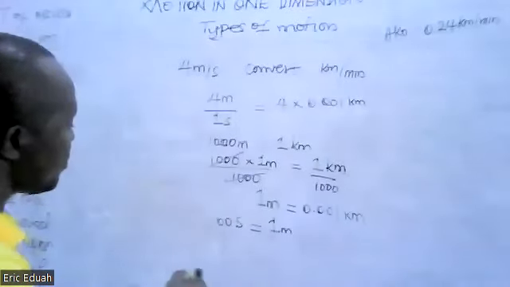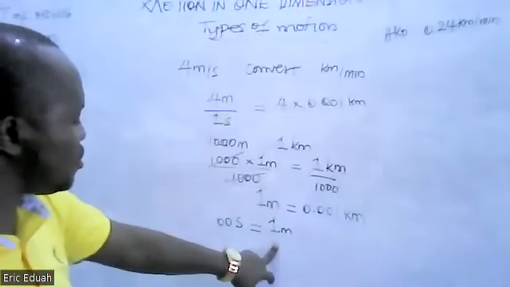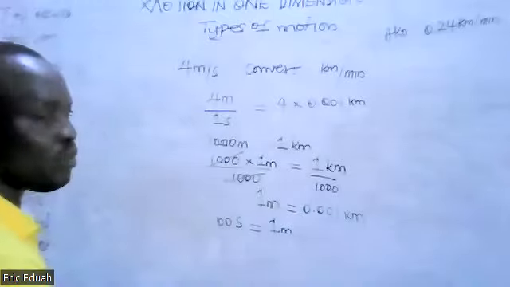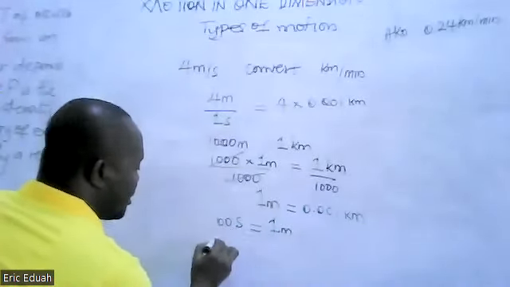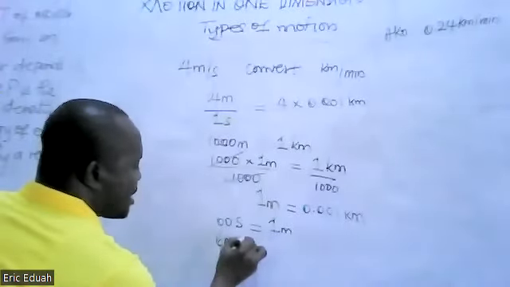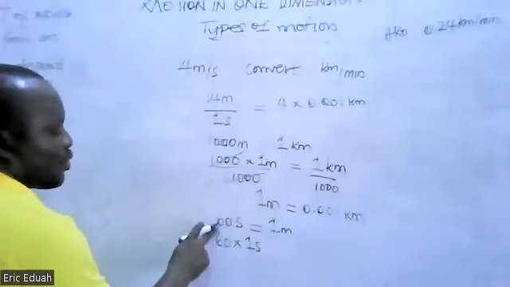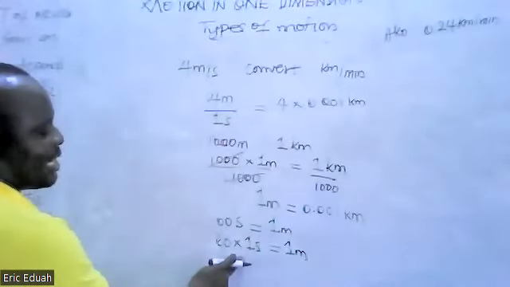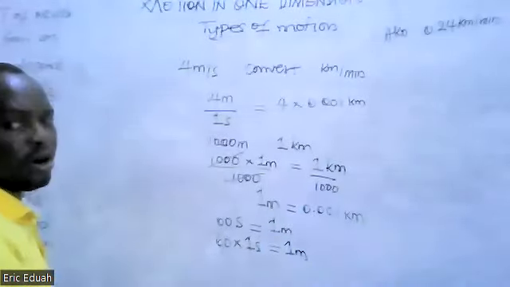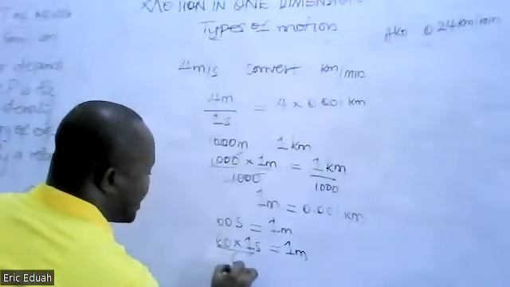So 60 seconds is equal to one minute. Therefore, 60 times 1 second is also equal to 60 seconds. So if I'm looking for 1 second equivalent of minute, I have to divide through by 60.